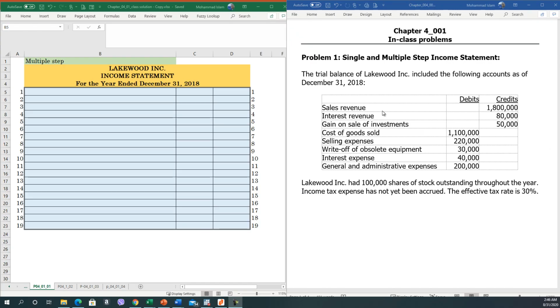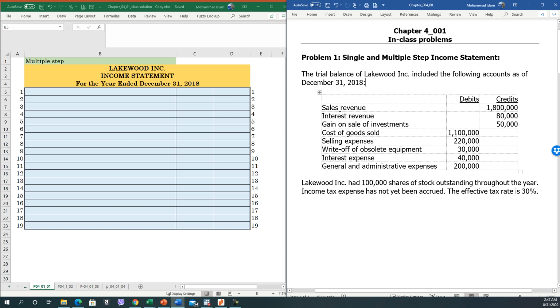So now let's solve some problems on the single and multiple step income statement. From this problem, we will prepare the single step and multiple step income statement. The problem reads something like this: the trial balance of Lakewood Incorporation included the following accounts as of December 31st, 2018.